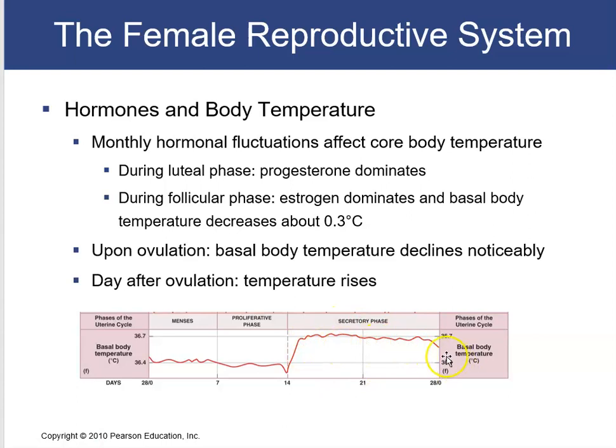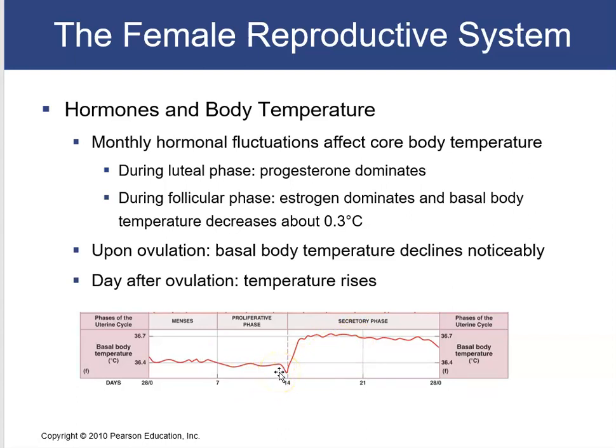During the luteal phase, which is the second half over here, remember progesterone is the dominant hormone. And look at the body temperature, slightly higher during this phase. During the follicular phase, when estrogen is the dominant hormone, the basal body temperature averages about 0.3 degrees centigrade lower than during the luteal phase.